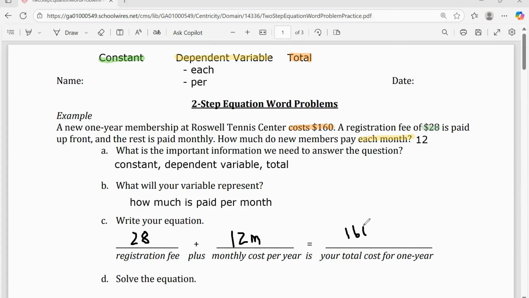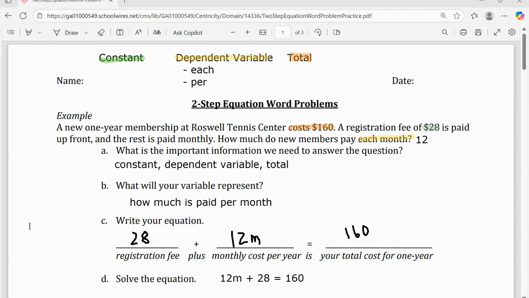Also, your constant and your dependent variable numbers can be interchangeable, meaning even if I wrote this as 12M plus 28 equals 160, it would essentially be the same thing.